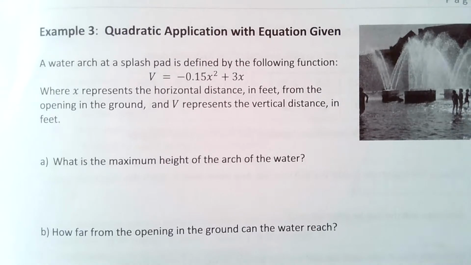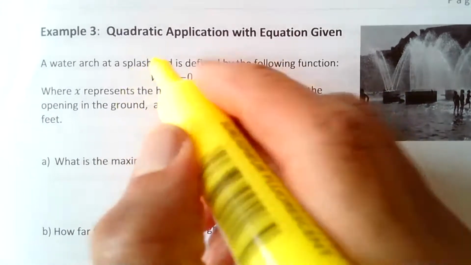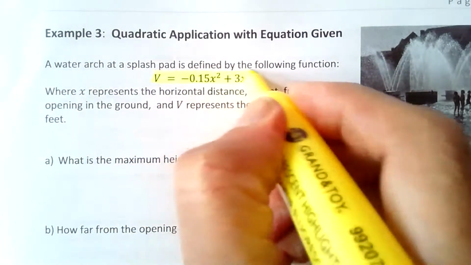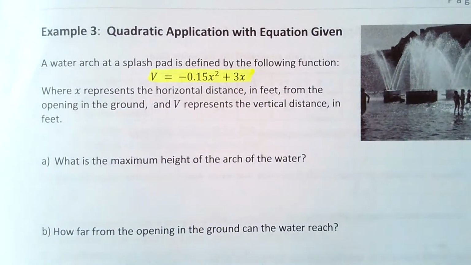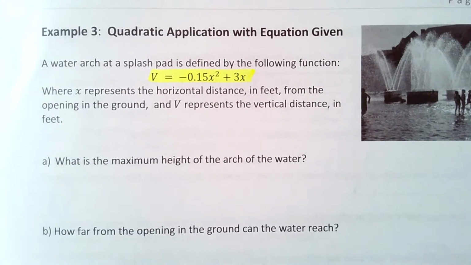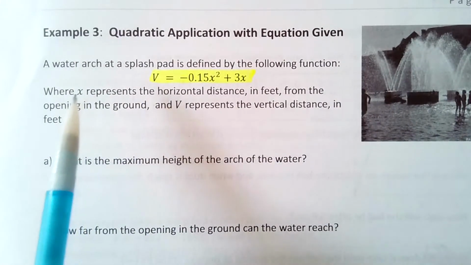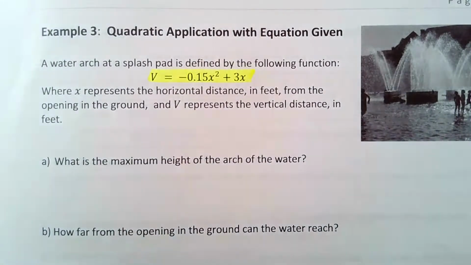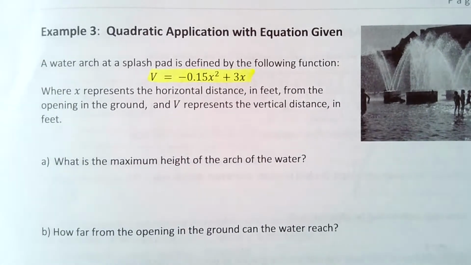So a water arch at a splash pad is defined by the following function. So we have v is equal to negative 0.15x squared plus 3x, where x represents the horizontal distance and v represents the vertical distance.